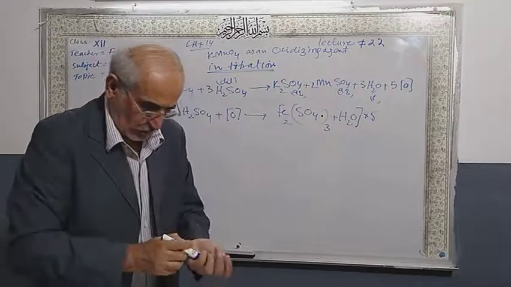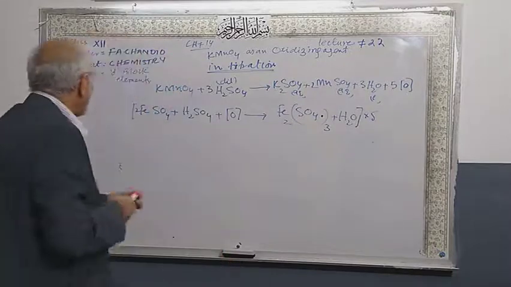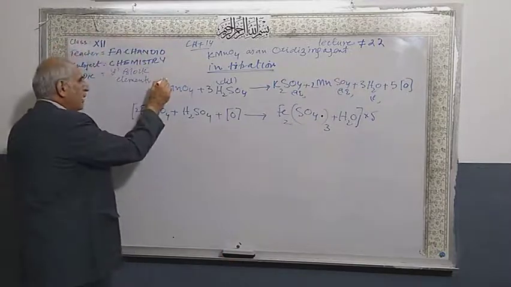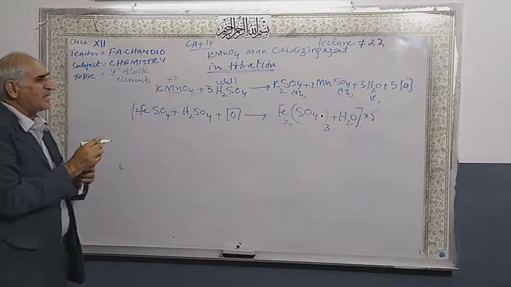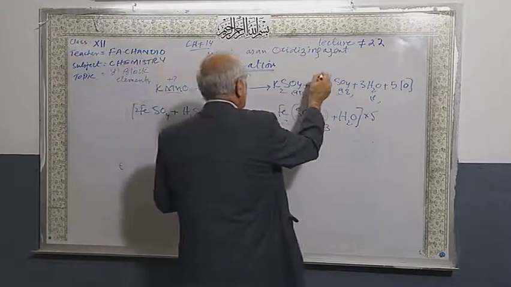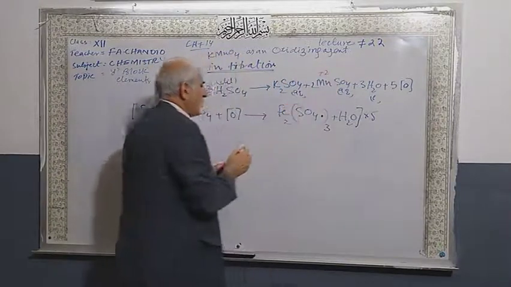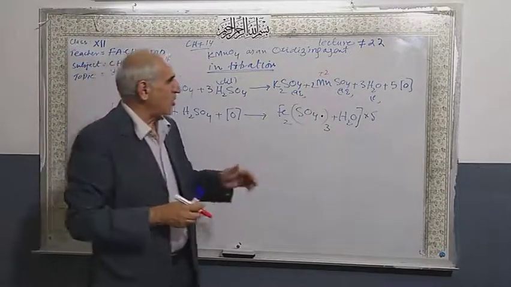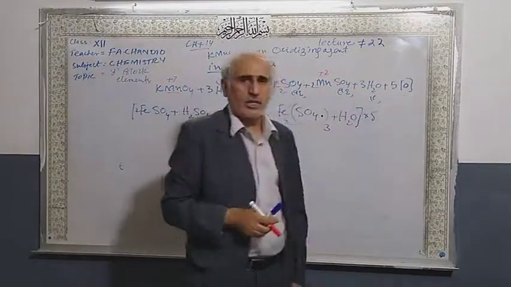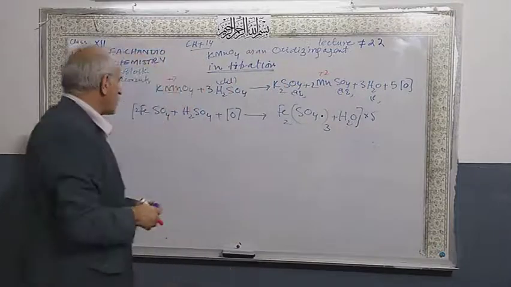So you can see here in potassium permanganate, as I told you, positive 7 for the manganese, and here positive 2 for the manganese. There is a reduction. The substance which reduces itself is called the oxidizing agent, and nascent oxygen is produced in this process.